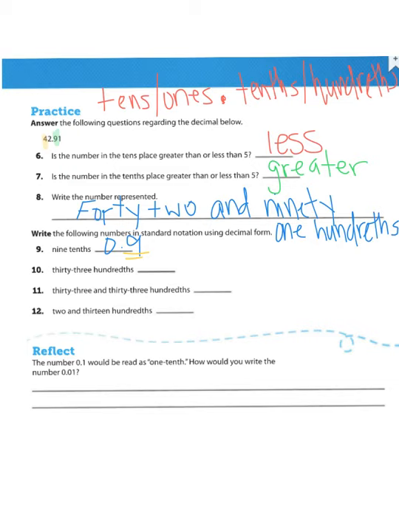Number 10, 33 hundredths. So this is in the hundredths place value. So you're not going to have anything that comes before the decimal point. So 33 hundredths would be 0.33. And again, this is in the hundredths place value.